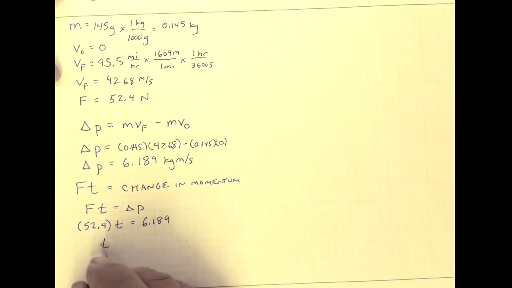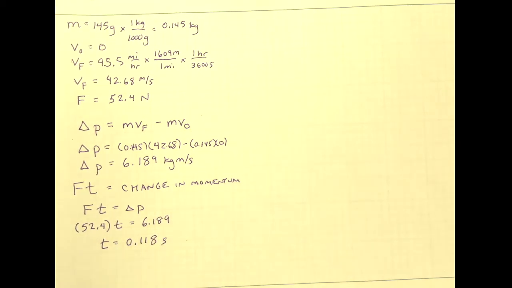So plugging in those figures, we get this, and then we can solve for the time, 0.118 seconds. We worked a problem exactly like this one back when we were talking about the work energy theorem. And ultimately, this is the time that we got, utilizing the work energy theorem to find out how long the ball's in the pitcher's hand. So we have reproduced that result, which is always encouraging.